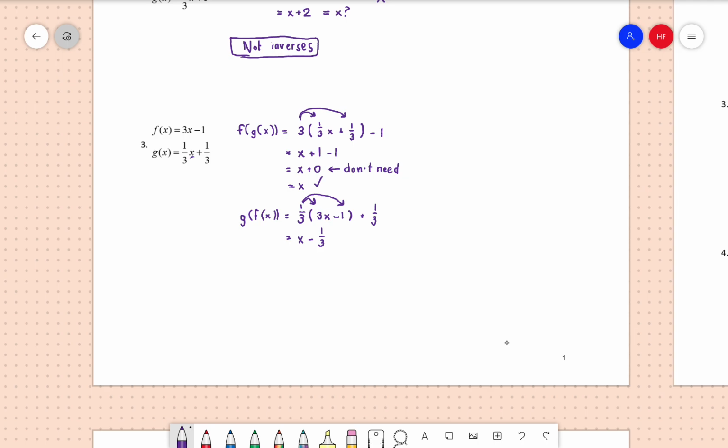And then don't forget that plus 1/3 on the end there. Then I have x minus 1/3 plus 1/3. A negative 1/3 plus 1/3 is going to be 0. They cancel each other out. We don't need that. So we've got x equals x. So these two are inverses.